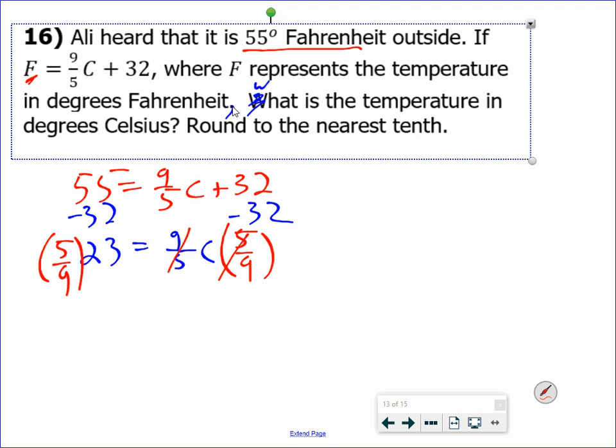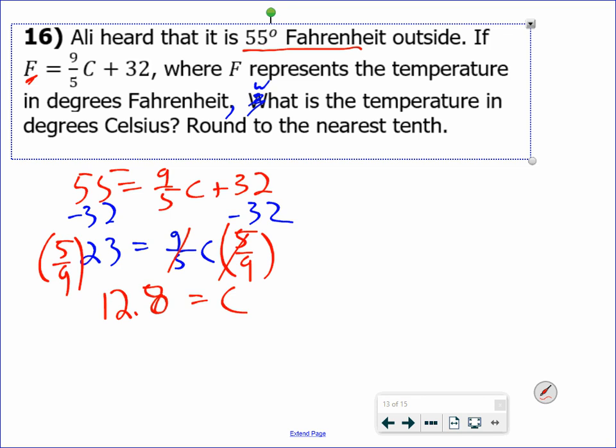And I'll get, sorry, my calculator just died. 12.7. It says round to the nearest tenth, so 12.8 equals C. So the temperature is 12.8 degrees Celsius.